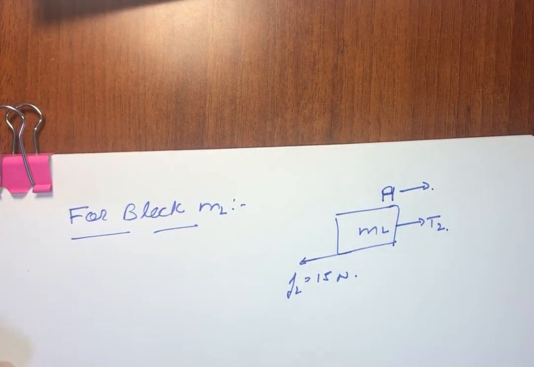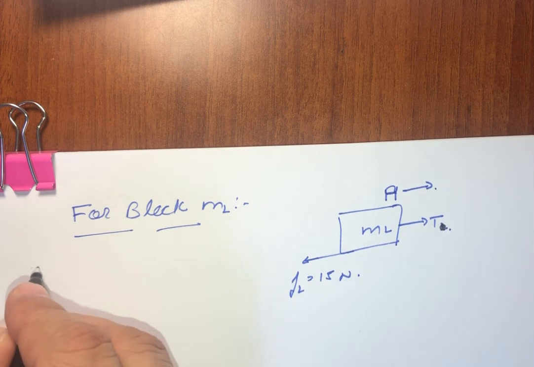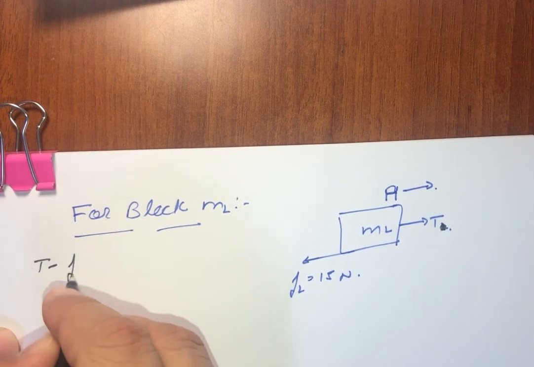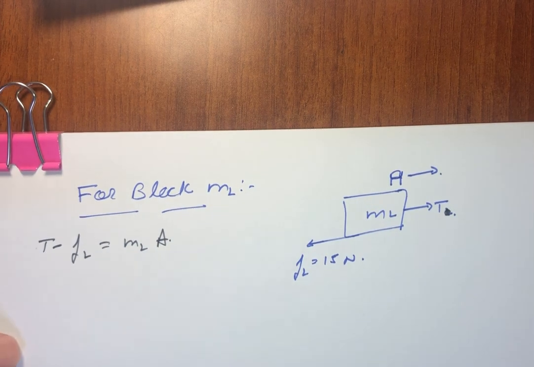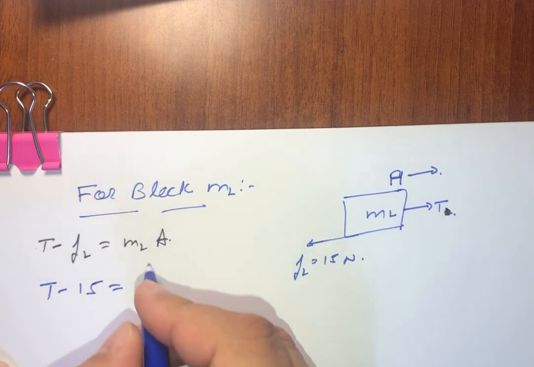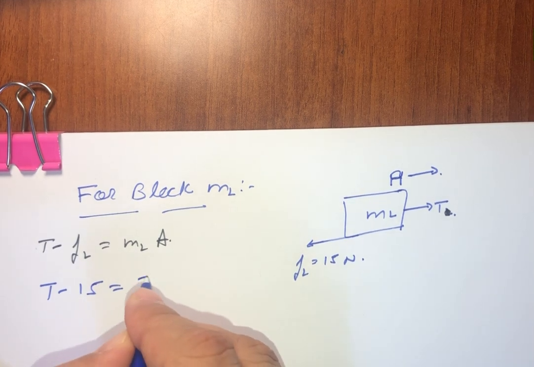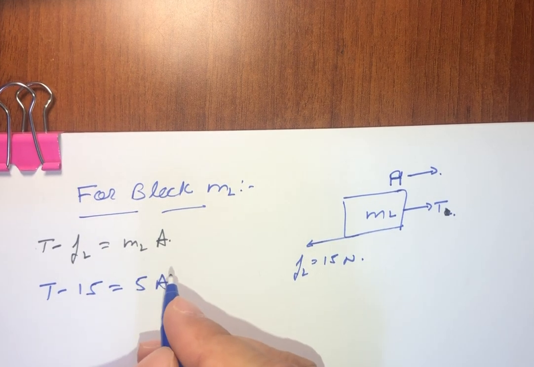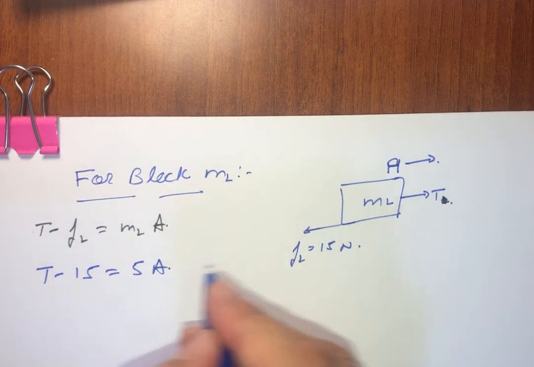So we can write this equation as T minus F2 will be equal to M2 A. From here we get T minus 15. Our M2 is 5 kg, so this will be 5 into A. And let this be equation number 5.